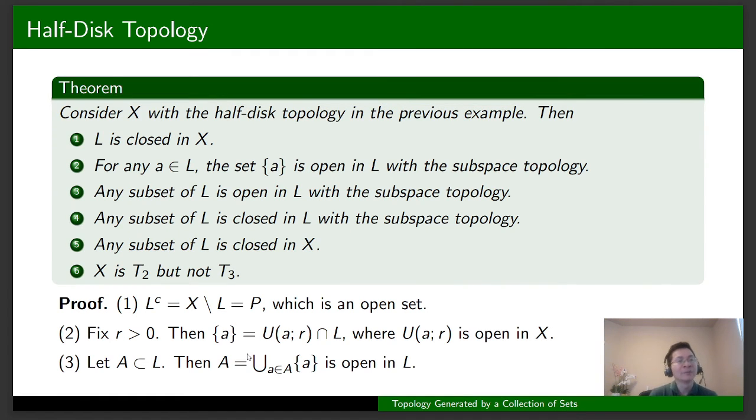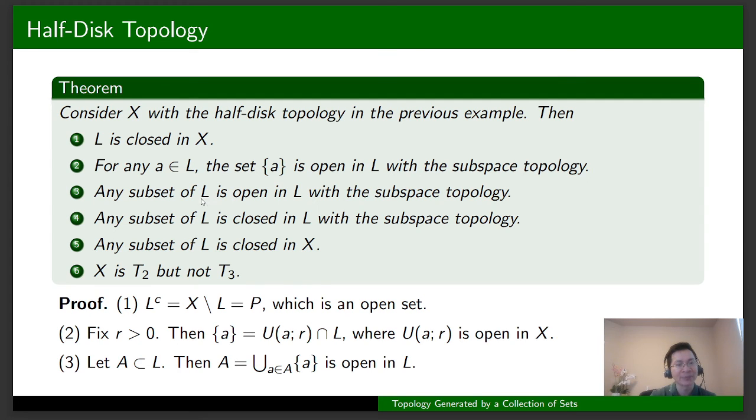Okay, now we consider X with the half disk topology in the previous example. Then we can show that the following properties are satisfied. L, which is the x-axis, is closed in X. And for any A in L, for any A in the x-axis, the single point set A is open in L with the subspace topology.